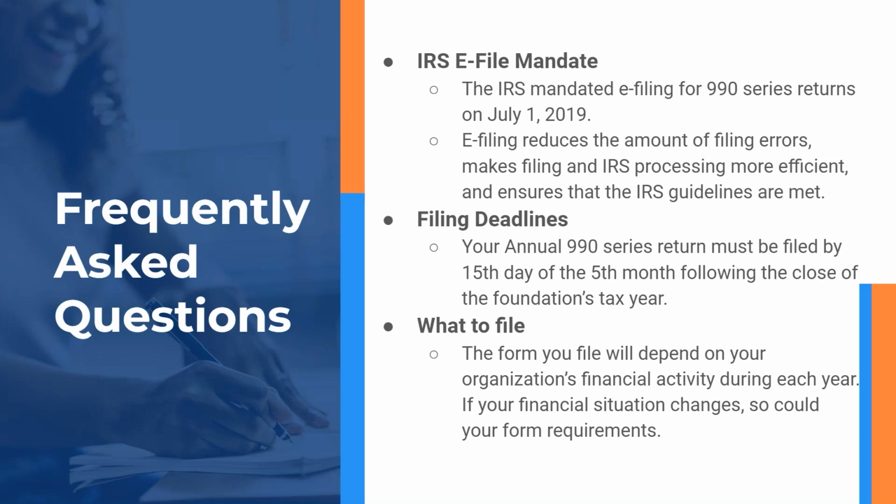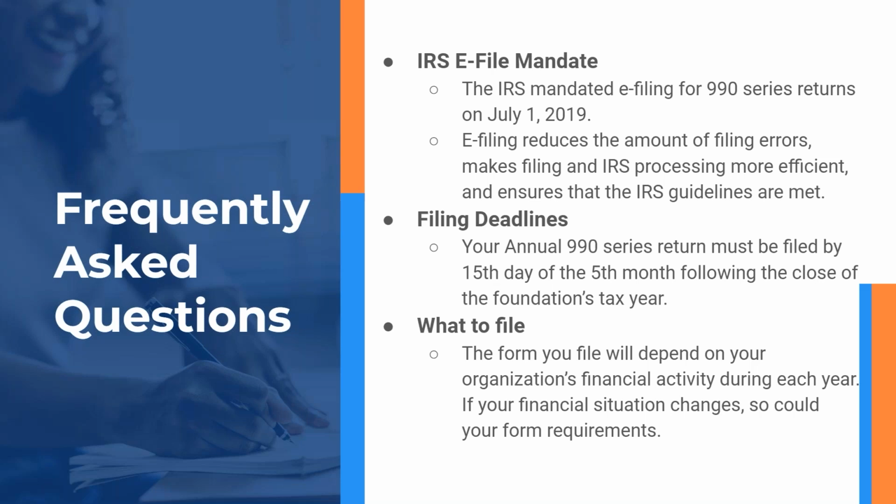That's going to reduce your filing errors and make sure that you're providing the most accurate information about your organization. And it makes the IRS process more efficient. You can get that IRS acceptance notice within 24 to 48 hours after transmitting. It's all electronic, so the turnaround time is far quicker to ensure that you're remaining compliant.